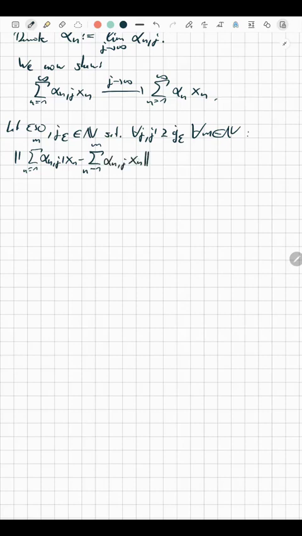This is obviously less or equal to the following. So we have the same vectors, but now we take all dimensions of them in the xn norm. We want this to be smaller than 1/3 of epsilon. We can just do that since it's a Cauchy sequence, right?